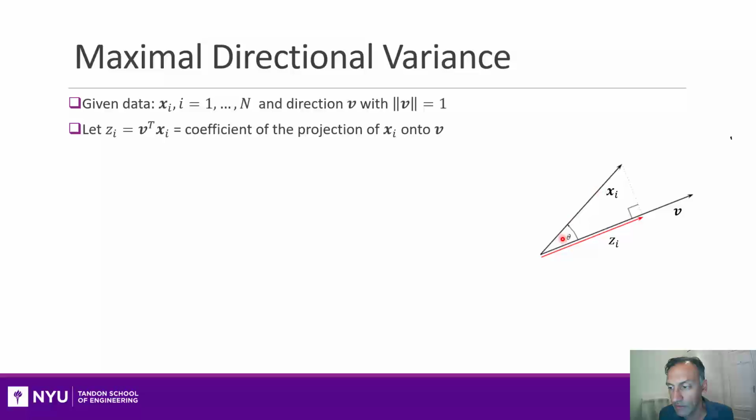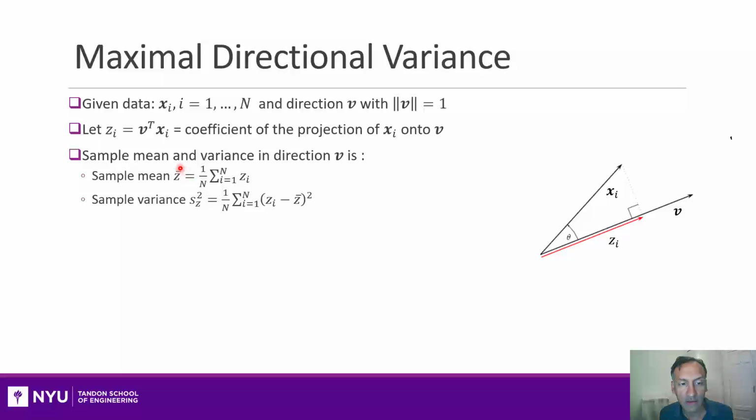So here's our ith data record, and zi is the length of that projection onto this vector v. We could then take the sample mean of this coefficient, let's call it z bar, so that's the average value, and then we'll call s_z squared the sample variance. For each record, I get a different zi. Sometimes I would project it here, sometimes it lands somewhere else along this line, and then I take the mean and variance of that coefficient.